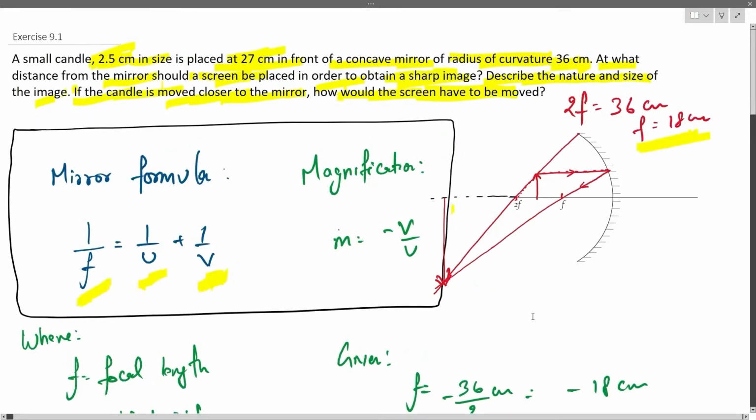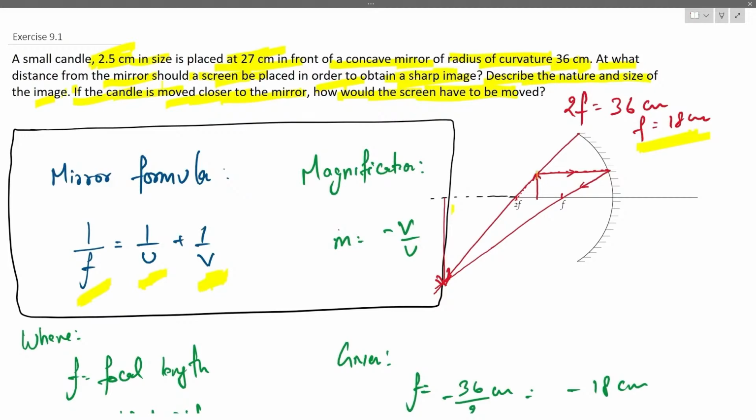We can also see this from the ray diagram over here. At first we have taken a ray parallel to the principal axis, which is reflected passing through the focus, and the second ray is taken passing through the center of curvature. It will retrace the incident ray, and since two rays must meet to form an image, the image will form over here with v equals minus 54 centimeter.